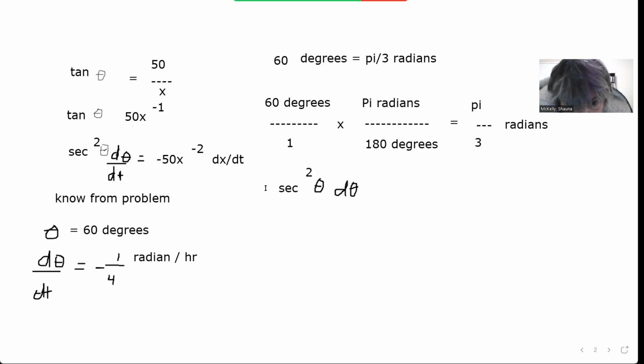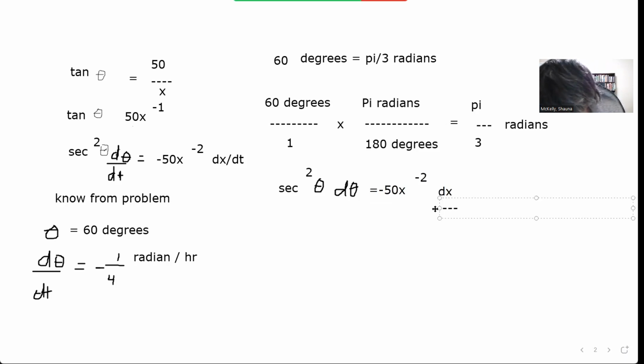Is equal to negative 50x to the negative 2 dx dt. So in this case, I'm just going to plug everything in now and solve it.